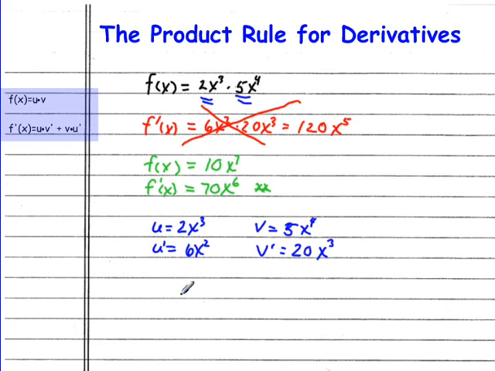Now, to use the product rule, we would put these items in. Let's look at the derivative of f under these circumstances. Finding the derivative says take the first function u, which is 2x cubed, and multiply that with the derivative of the second function, that is v prime, which is 20x cubed.